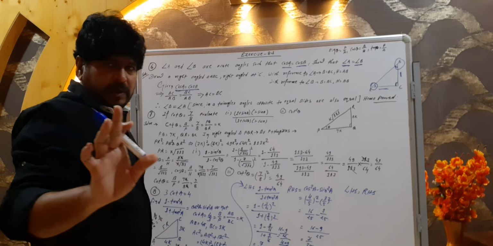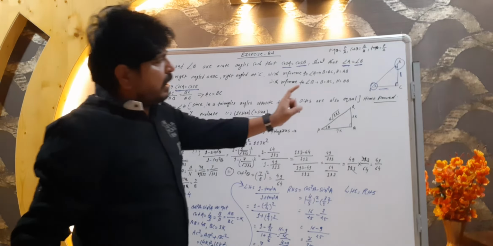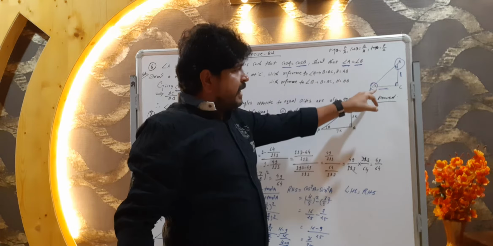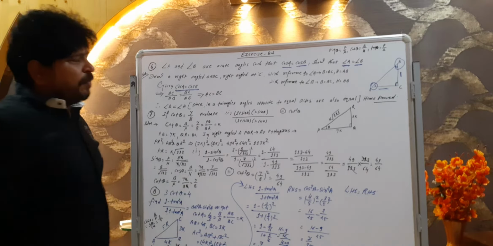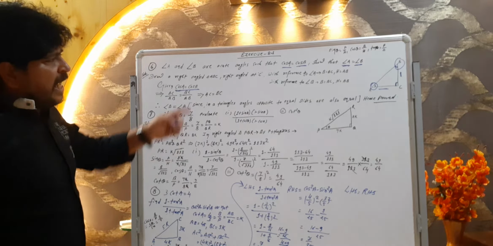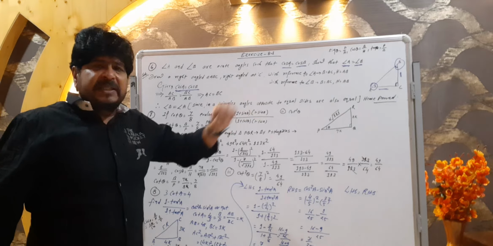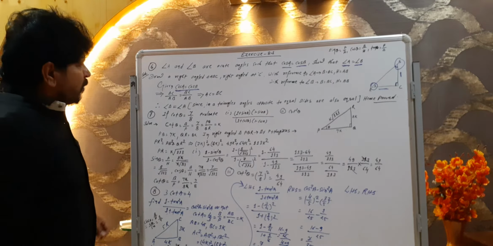Is that clear? I explained this concept properly regarding both reference angles. Now we have the base and hypotenuse with reference to angle A as well as with reference to angle B.